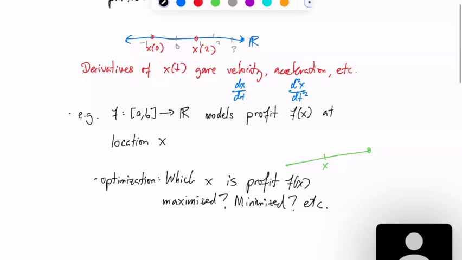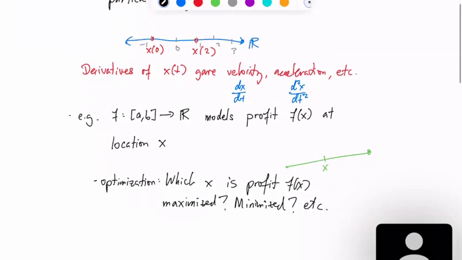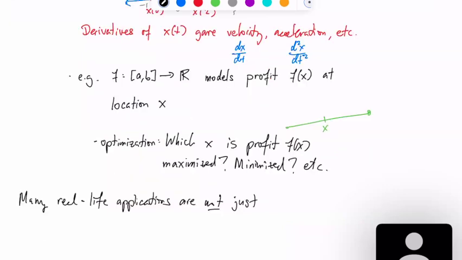So the first task is to generalize this, right? From what I said, many real life applications are not just functions of one variable to one variable.